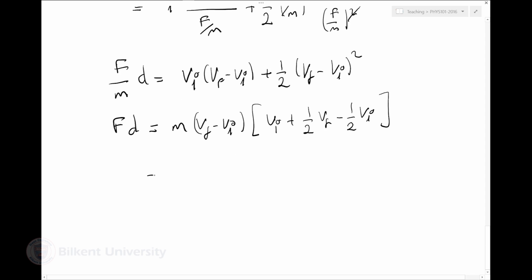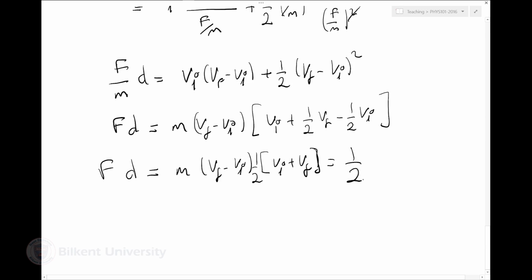Or in other words, I can write this as F times D is M times Vf minus Vi, just a moment, times Vi plus Vf over 2. So this is going to be 1/2 M times Vf squared minus Vi squared.